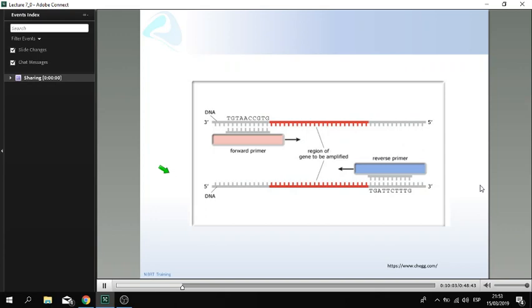So if we have our double-stranded DNA here, we denature it to split it into 2 single-stranded pieces, and from all this DNA we decide that we just want to copy this red part, so this is the region of the gene that we want to amplify. We need to make two primers, so short single-stranded DNAs that will be complementary to each side of the gene that we want to amplify. So we have a forward primer that's complementary to this side and a reverse primer that is complementary to the side here.